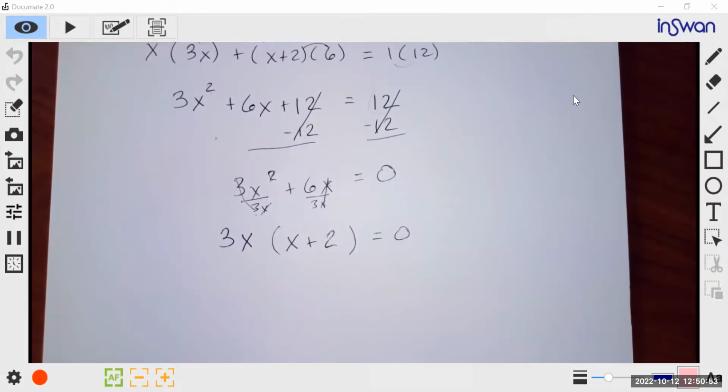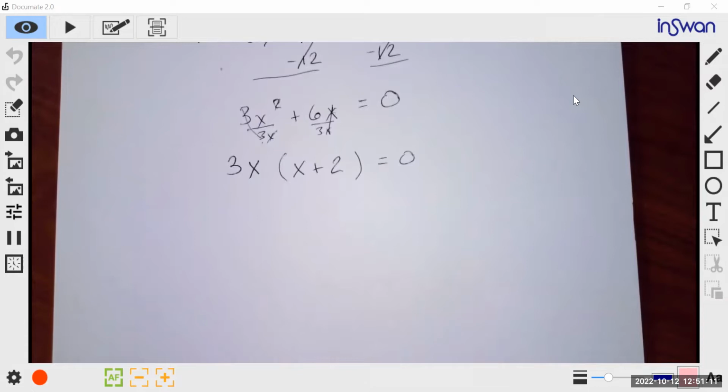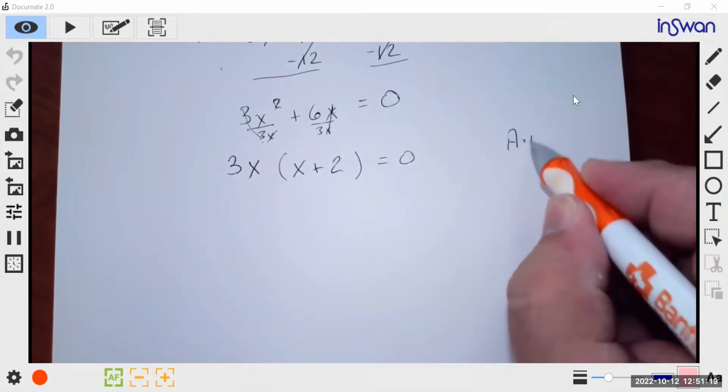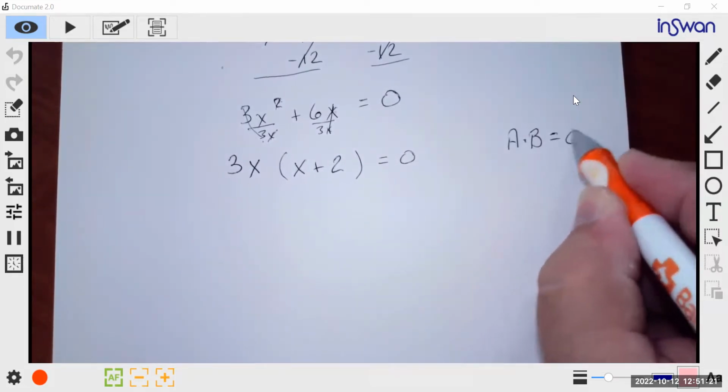Then what do you think we have to do? There's no moving. We have it set equal to 0. We're down to linear equations. There are no more squares anywhere. If you have two numbers or two terms multiplied together, it equals 0.